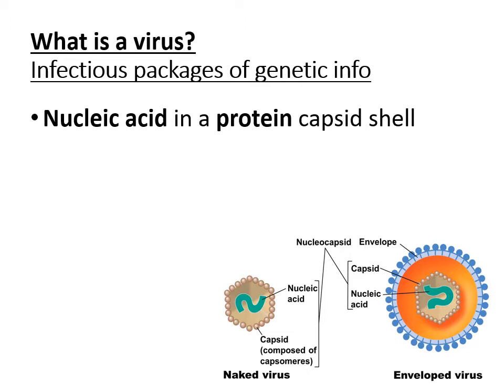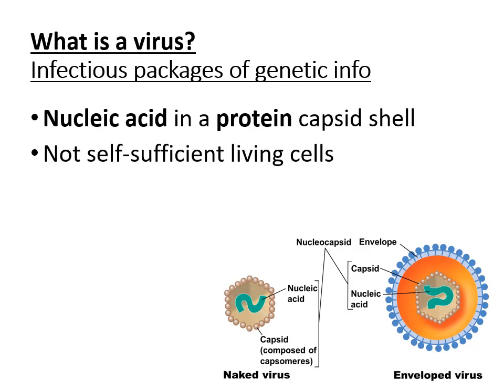So you have nucleic acid within a protein shell, and that's going to keep coming up throughout today's lecture because of the idea that since a virus is just nucleic acid and protein shell, that will guide a lot of what they're doing. Their ultimate goal is to make more nucleic acid, make more proteins, and put together more viruses. Okay? We'll come back to that a little later on.